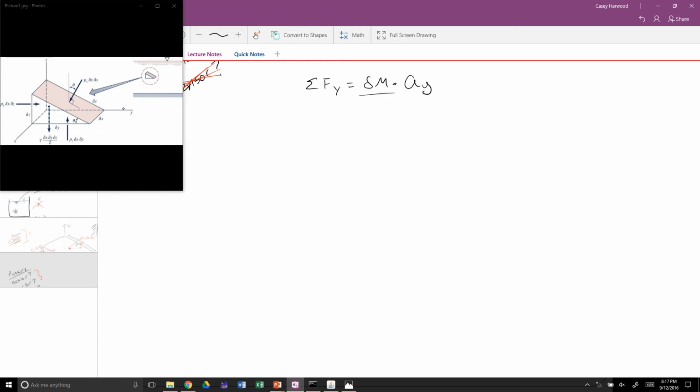Delta m is equal to the small volume of the wedge times the density of the fluid, where the small volume of the wedge is equal to 1/2 delta x, delta y, delta z. That is the volume of a triangular prism. So, delta m equals rho over 2 delta x, delta y, delta z.